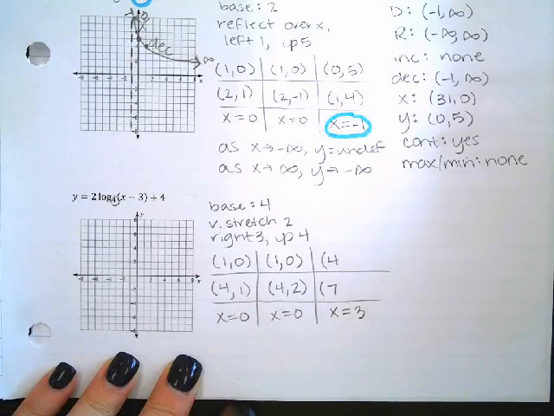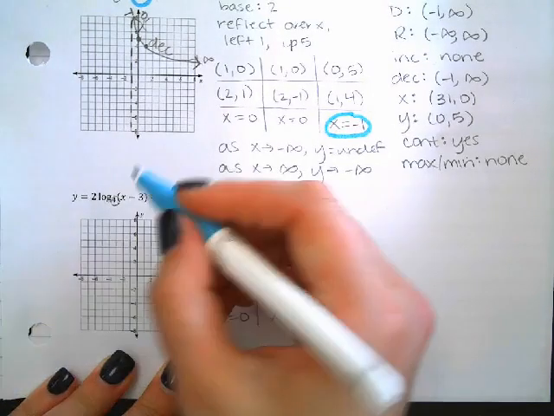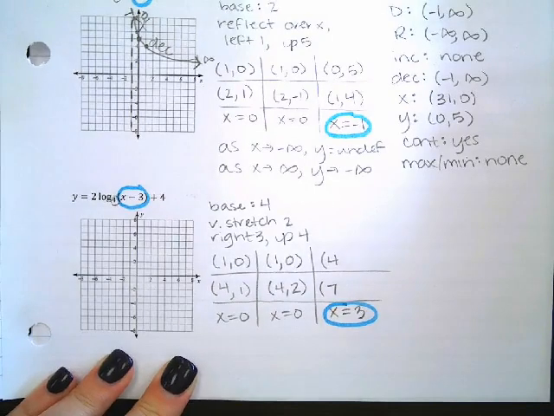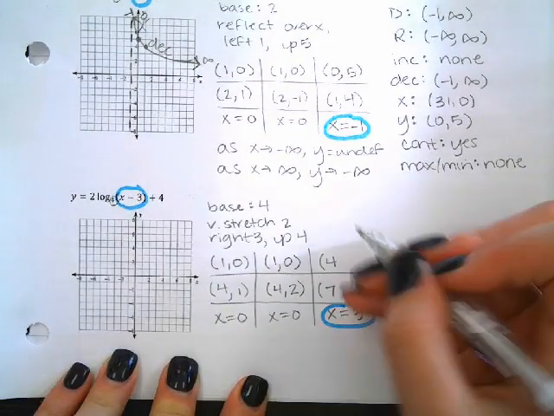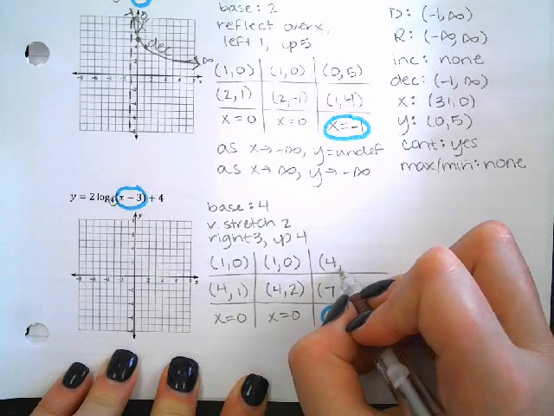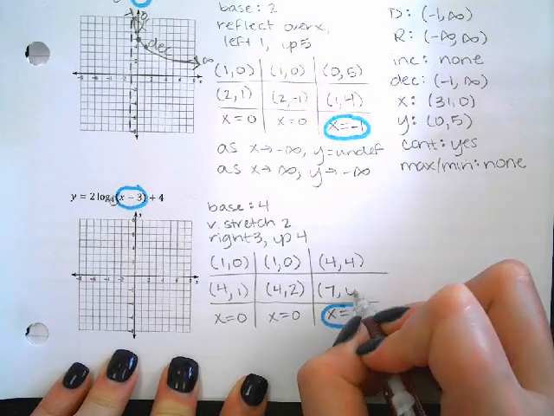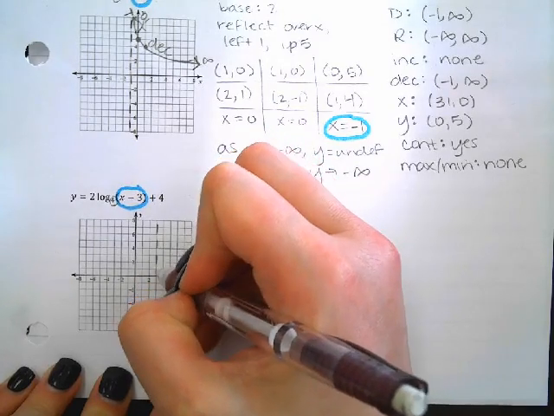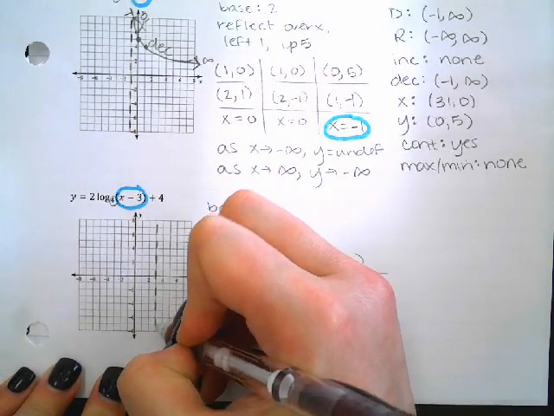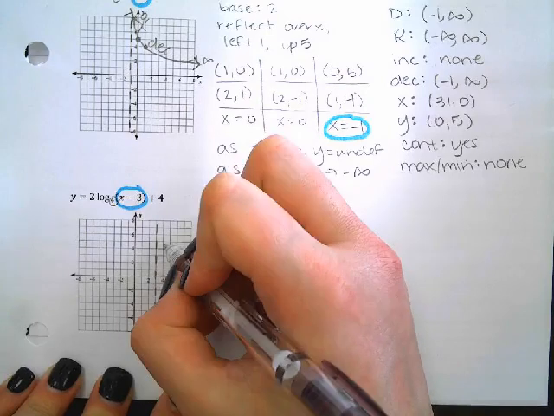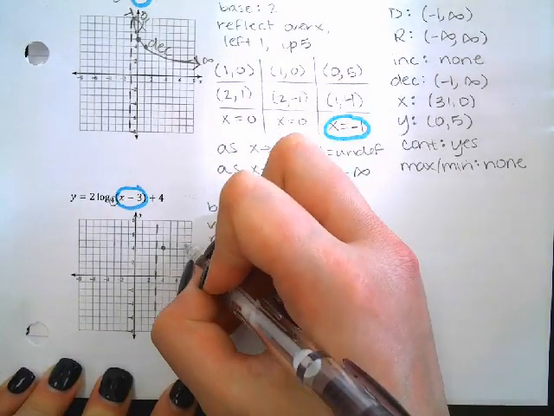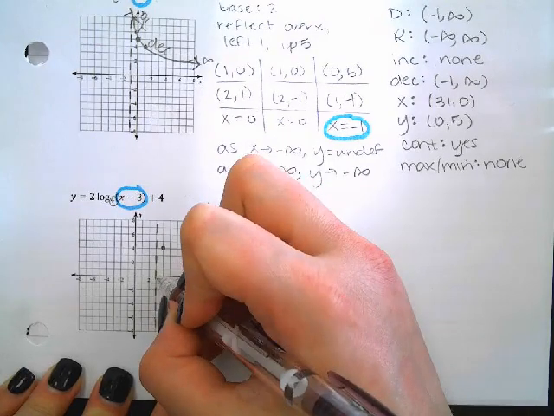And again, we'll remember that the number on the inside is what gives us our vertical asymptote this time. And then it says that we've shifted up 4. So I have a vertical asymptote at 3. And we have the point 4, 4 and 7, 6.